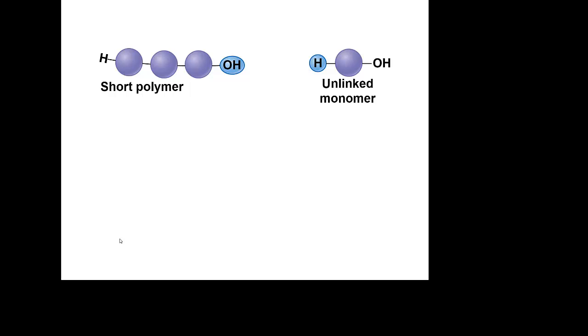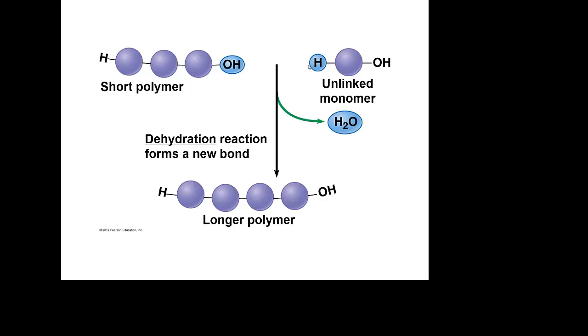Just to show you, we're taking this very short polymer with this monomer, and we want to add the 2 together. So to add the 2 together, we're actually going to remove water. So we said this was a dehydration or a condensation reaction, if you prefer condensation to remember. Okay. When we do this, we remove water and they stick together.